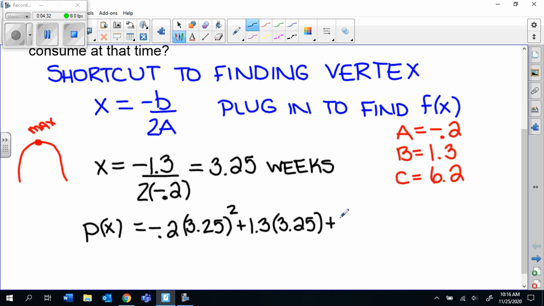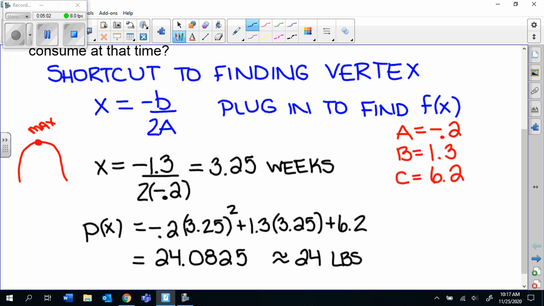Yep, I've got c right there, 6.2. I'm just going to type that right into my graphing calculator, and it's going to come out to be 24.0825. So depending on how we want to round this, it is about 24.1, or about 24 pounds of milk.